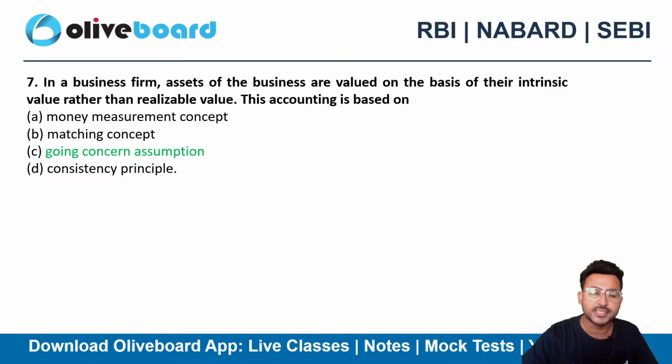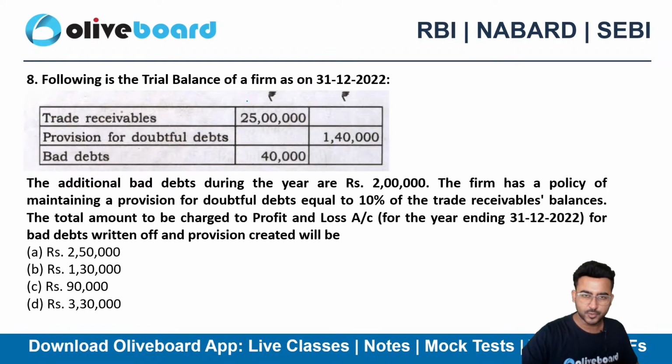Because I am a going concern, right? If I were not a going concern, I would have marked each and everything on the basis of realizable value, not on intrinsic value. Okay.